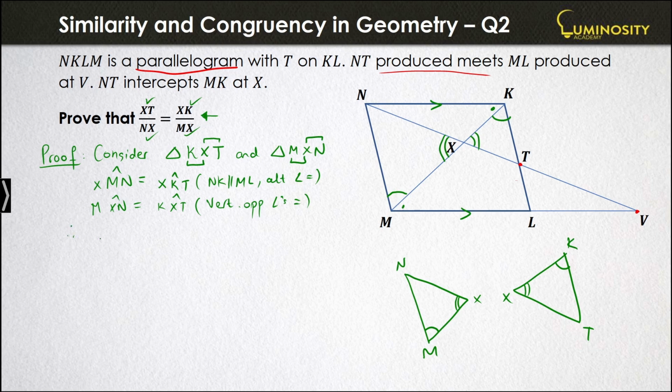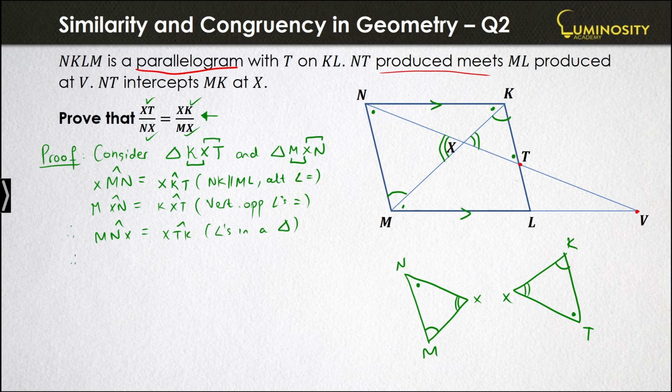So therefore, that means angle MNX must equal angle XTK, and this is by angles in a triangle, because these angles must all sum to 180. So these two angles have to be the same as well if they all sum to 180. Okay, so what we've shown here is that this angle is equal to that angle there.